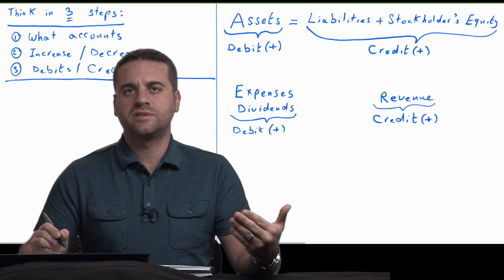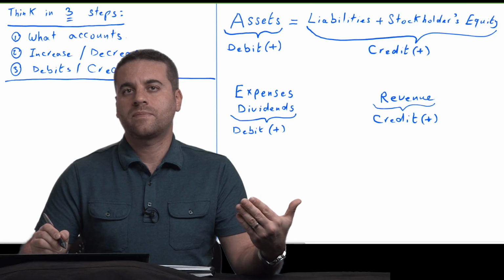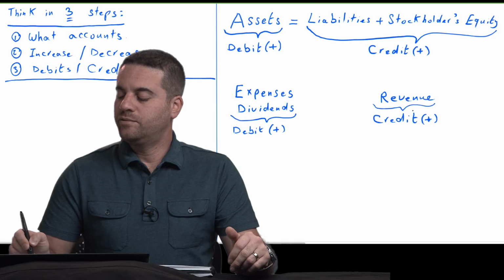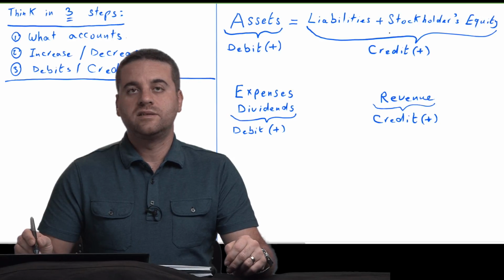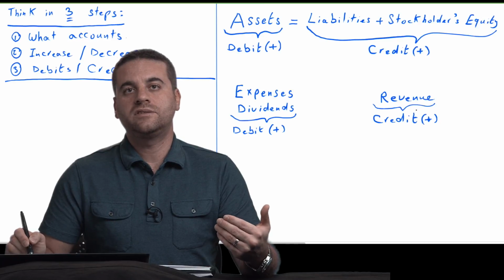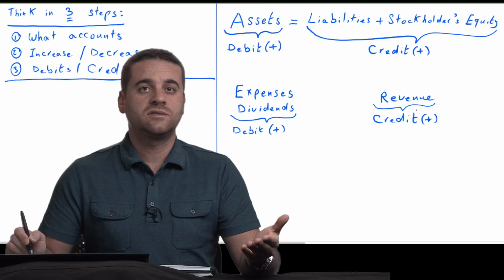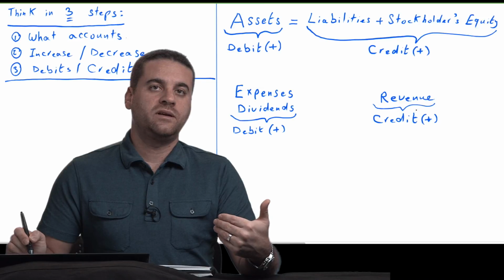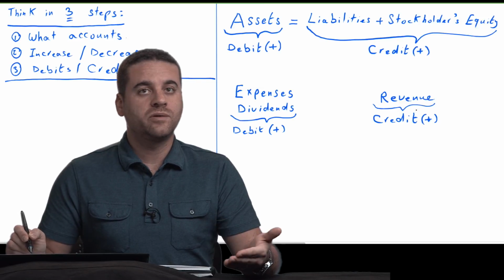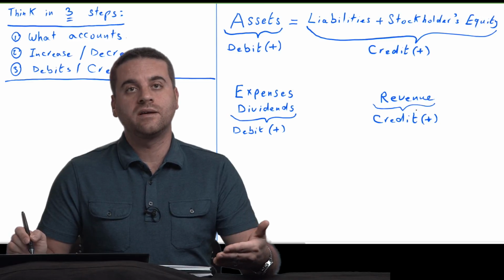If we pay dividends, we will say that we will debit the dividends account. Revenue works same like liabilities and stockholders' equity. It increases with a credit. So if we say that we provided a service to a customer, that means we have revenue here. That means we increased our revenue. That means we are crediting the revenue account.